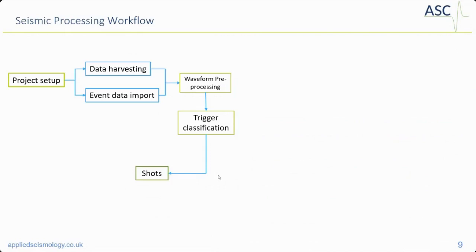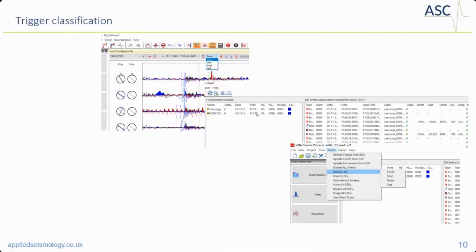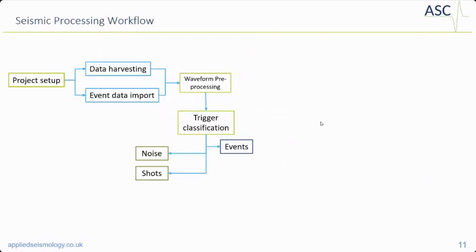As I said before, our triggers could correspond to man-made shots, calibration shots, noise, or events. As with any Windows program, you work with events as if they were files, and we can attach a label to them, whether we visually identify them as an event, a shot, noise, or give them our own labels if we have another classification for them.